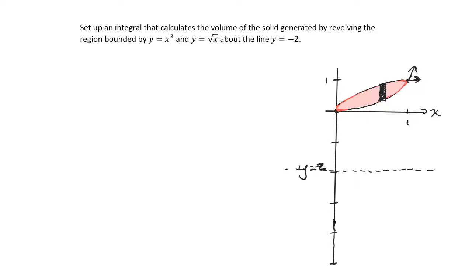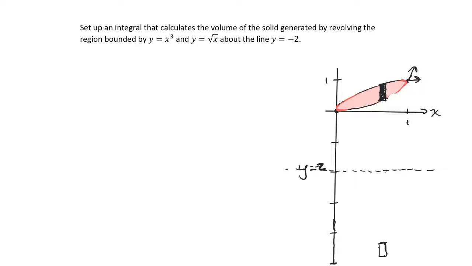Let's see what's going to happen when we reflect this. We need the same distance from the axis of revolution up to that rectangle. That, for this particular example, is about 1, 2, almost like 2 1/3 away from the axis. So if we go down here about 2 1/3 below, we're going to end up with a rectangle that looks like this.